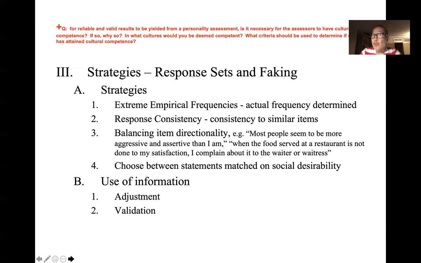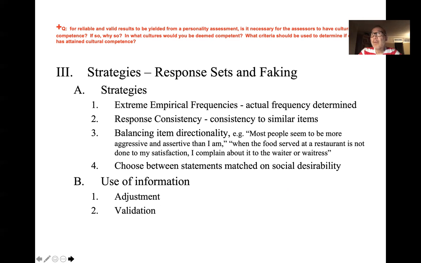But what the test can do is determine whether the amount of depressive symptoms endorsed by the individual is statistically significantly more than what the average depressed person would endorse. Because the average depressed person will endorse a certain number of items, but the majority won't endorse every single item. If someone's endorsing every single item, that's a red flag that you might have faking going on. Faking bad.